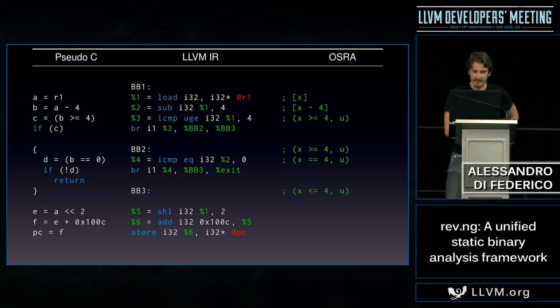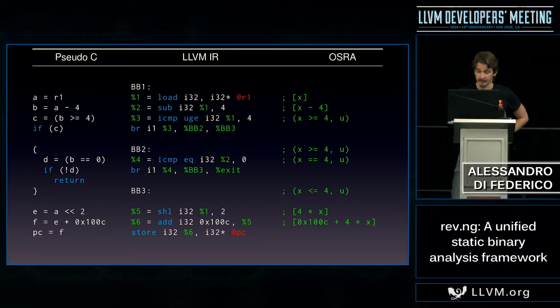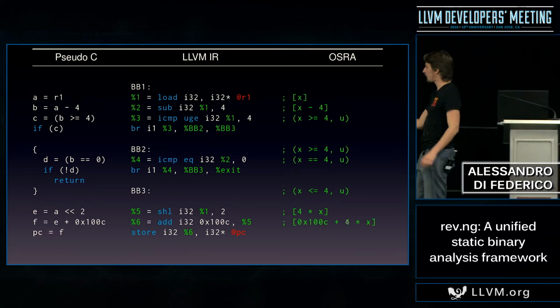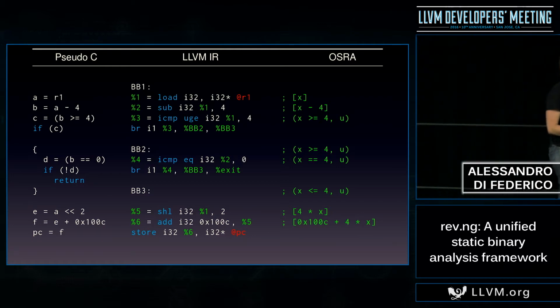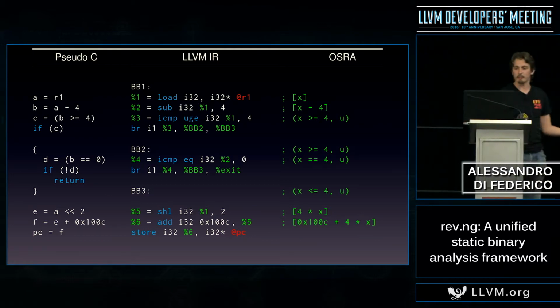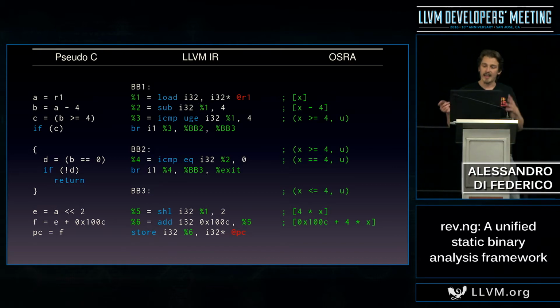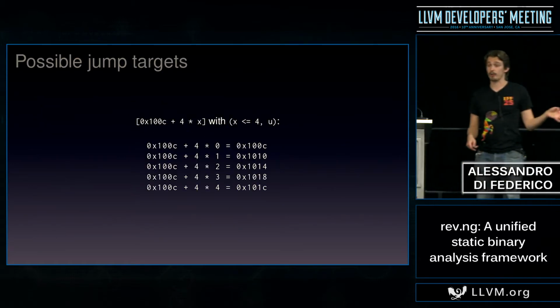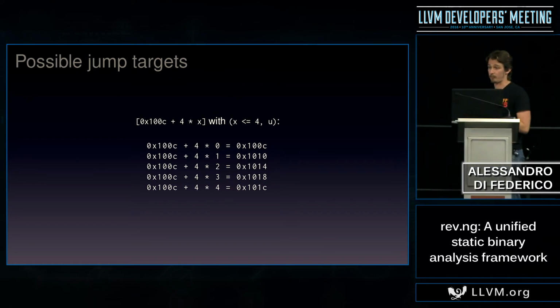Finally, we take again the original instruction, %1, X, and we multiply by 4, shifting left by 2 positions. Then we add a constant, and this is our final expression, which is what's being written into the program counter. Since we know that in basic block 3, X is lower than or equal to 4, we can enumerate all the possible destinations of this jump instruction.